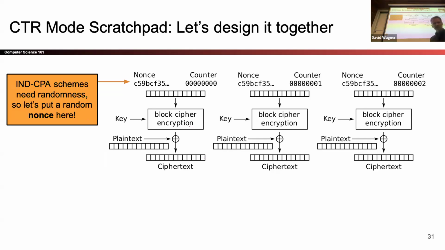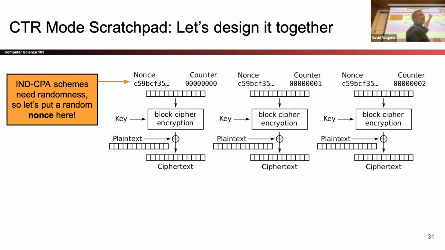The actual standard scheme has the input to AES being 64 bits that are what's called a nonce, and 64 bits that are a counter. The nonce is chosen to be different for every message, and the same nonce is used for all the blocks in the same message. And then the counter increments inside the message.